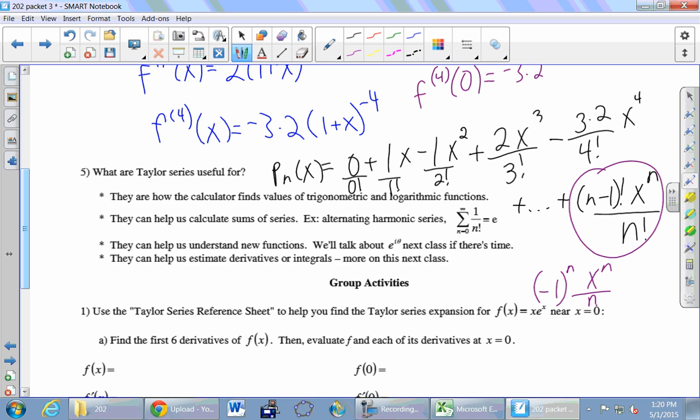Okay, so just look at the powers and the plus or minus ones. When it's an x squared, it needs to be negative. When it's an x cubed, it needs to be positive. Is that right? If I square it, is it negative? No. So let's add 1 or subtract 1.